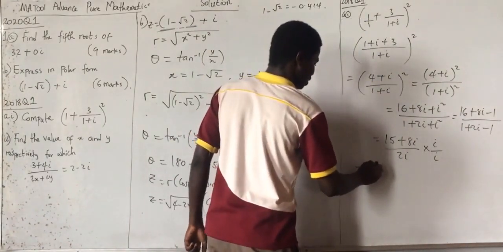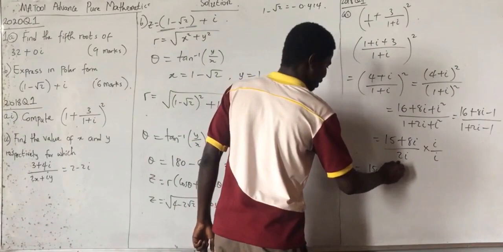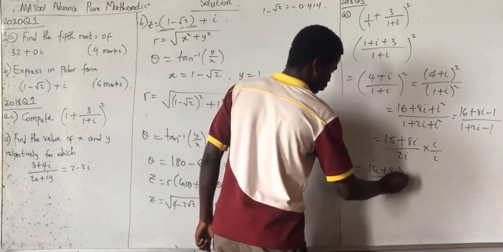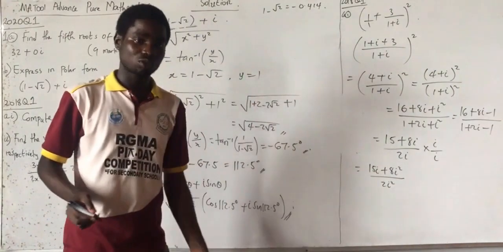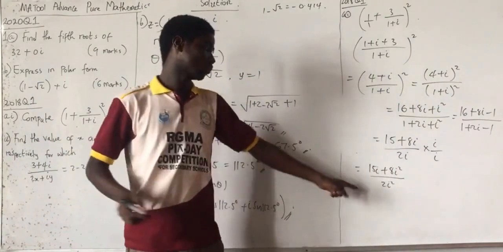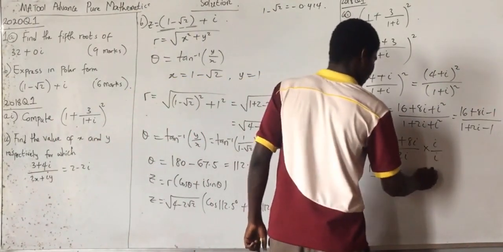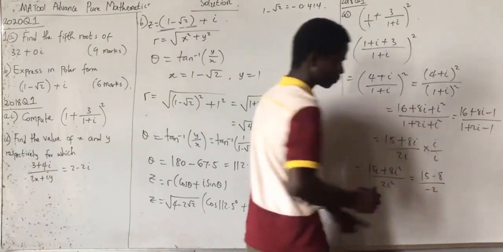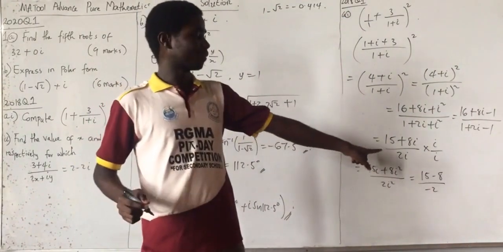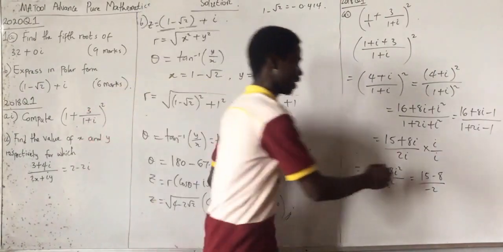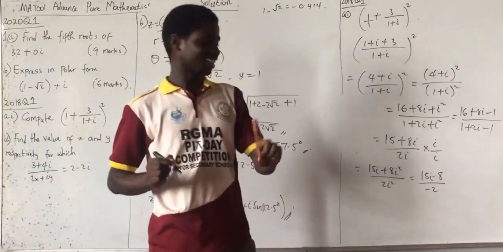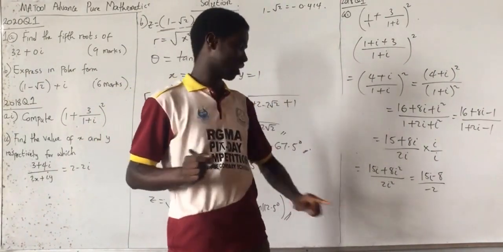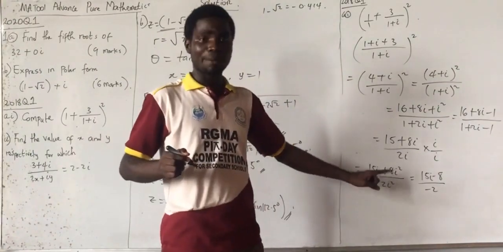So this will be 15i plus 8i squared over 2i squared. i squared is minus 1. So I'll be left with 15i minus 8 all over minus 2. I've thrown away the i, so please take note of that, don't make a mistake.